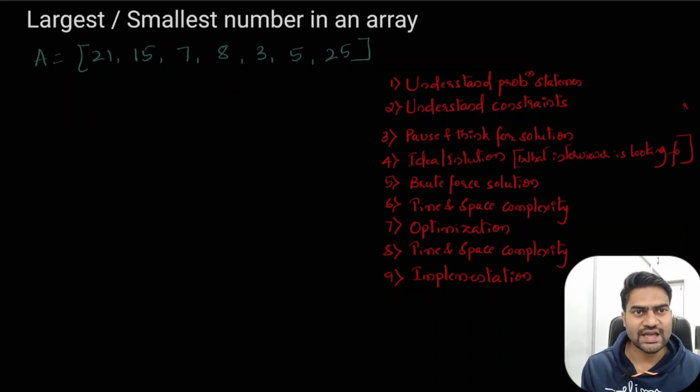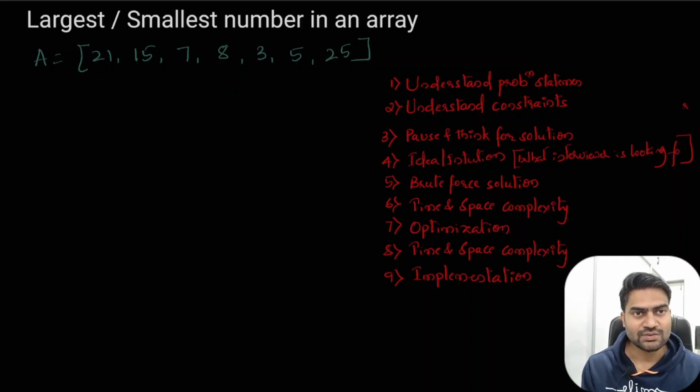If we had sorted numbers, then we would have simply considered the last number as the largest number or the first number as the smallest number. But that is not the case here, because they can be in any order. So we can sort the numbers and then return the last number or the first number. Based on the sorting algorithm, it can be of order n square or n log n.